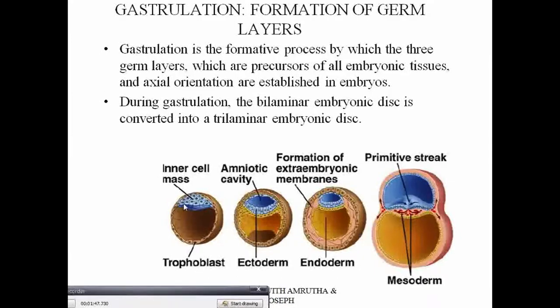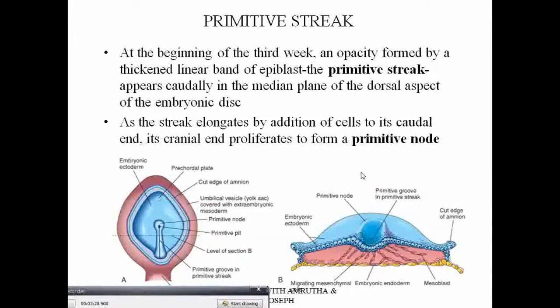This diagram shows the development of the embryo from the beginning: the inner cell mass forming the bilaminar disc having the amniotic cavity, then later formation of extraembryonic mesoderm, formation of the amniotic cavity and the yolk sac, then the third layer which appears between these 2 layers, and that is what is called gastrulation. Let's see that. Before that we have to see the primitive streak.